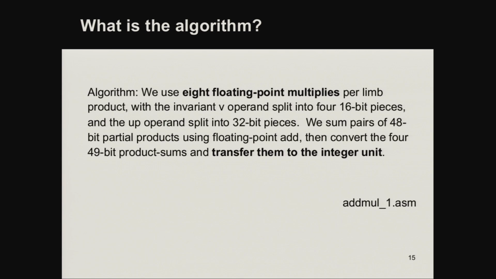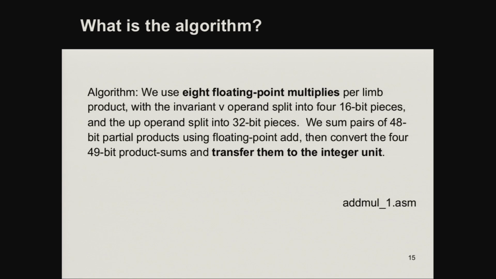So maybe another question of what is the algorithm? So they're doing these basic arithmetic things, and they're doing all integer arithmetic. And so the first odd thing you notice is they're using 8 floating point multiplies per limb. And so they then go on to explain how they break it up into a bunch of little pieces, and the details aren't too important.